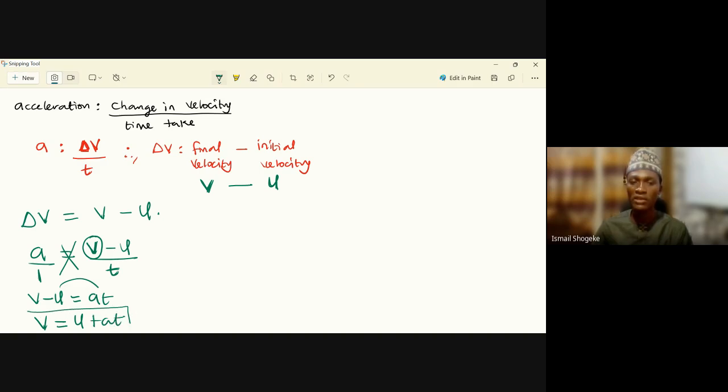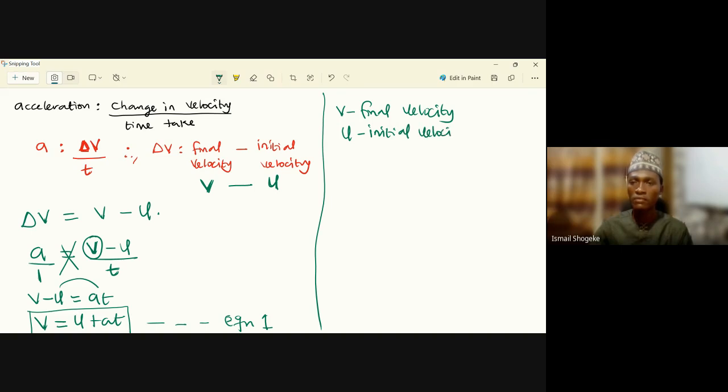Now, this is referred to as our first equation of motion. Again, do not forget that V is our final velocity, U is our initial velocity, A is acceleration, and T is time.